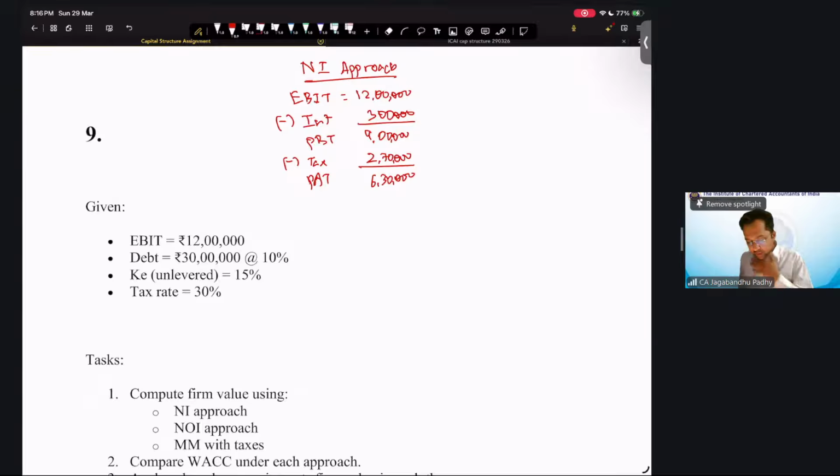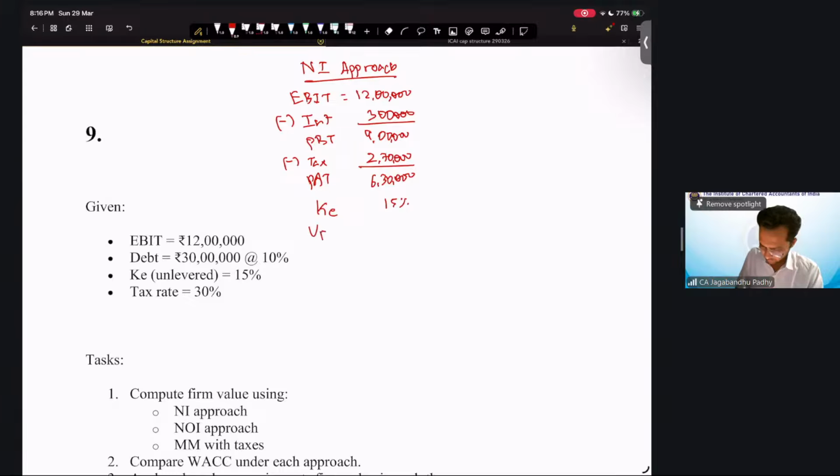KE unlevered is 15%. Now in the net income approach, we say that K is obviously not going to change. Whatever is for the unlevered is good for the levered also. So we simply say K is going to be 15%.